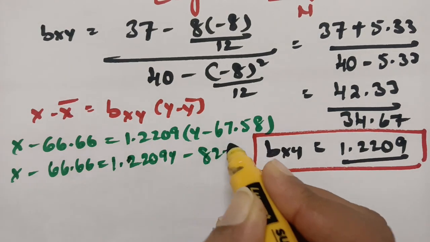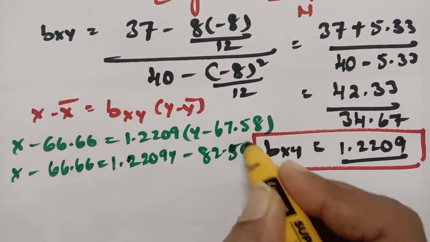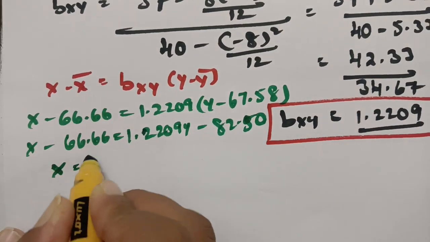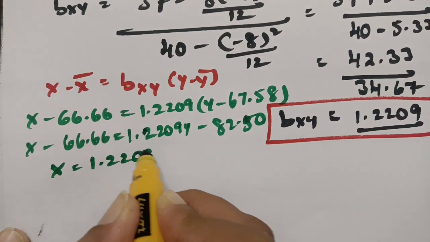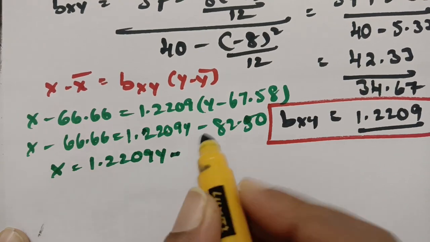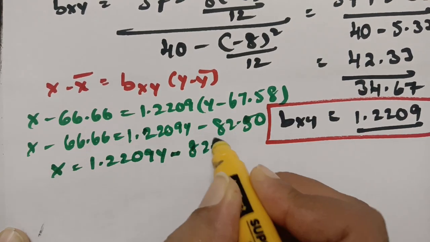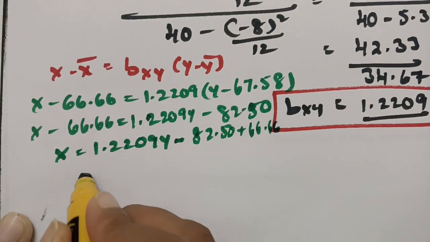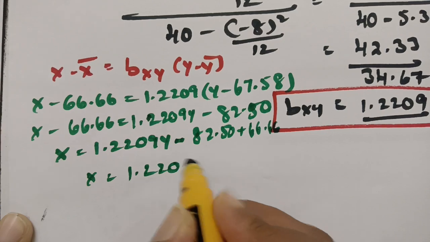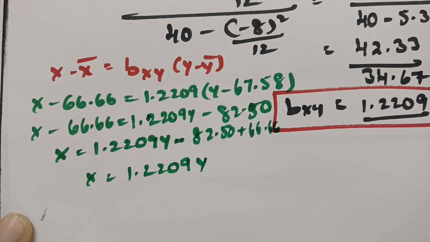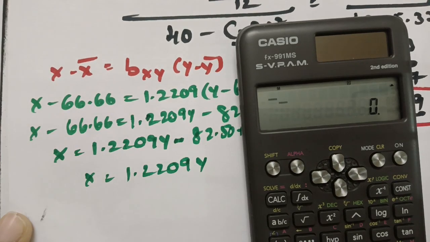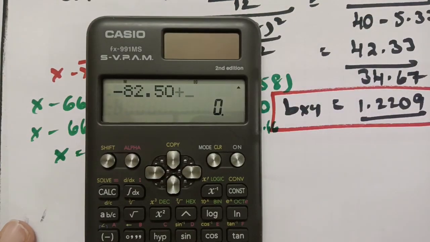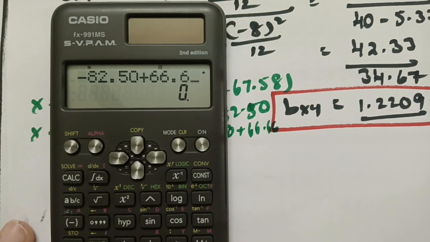So if I send this to the other side, this will be x is equal to 1.2209y minus 82.50 plus 66.66. So x value is equal to 1.2209y minus 82.50 plus 66.66.